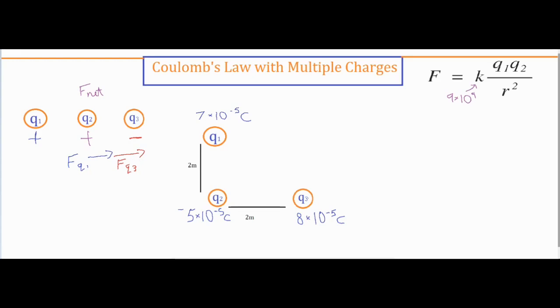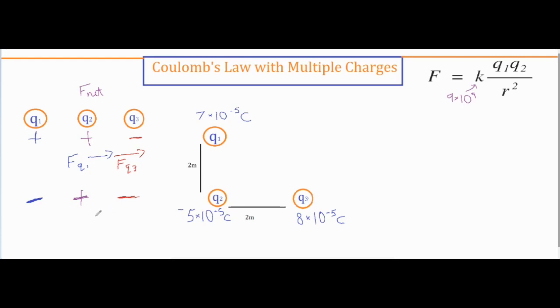For other scenarios, you may subtract them. So say, for example, you had a negative charge, and then you have a positive charge in the middle, and then you had a negative charge over here. Both of them are going to attract this charge that's in the middle.